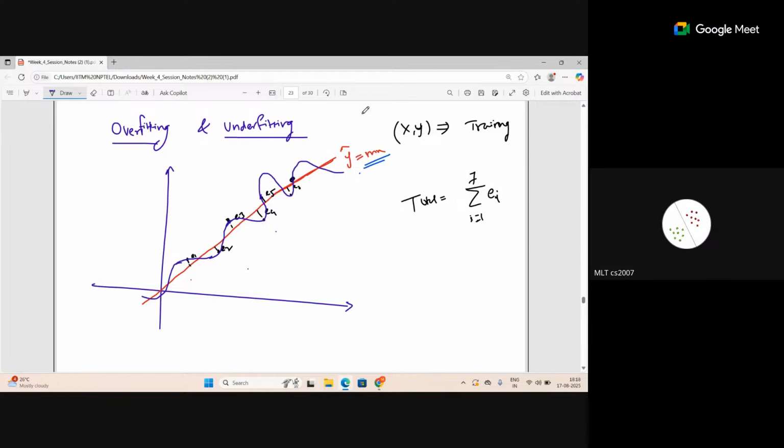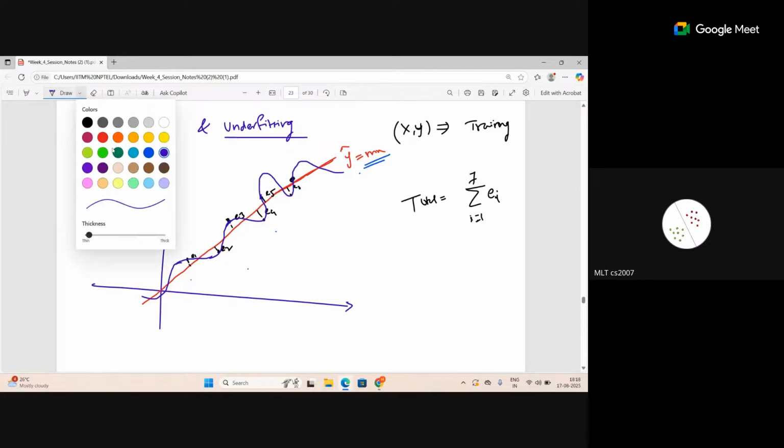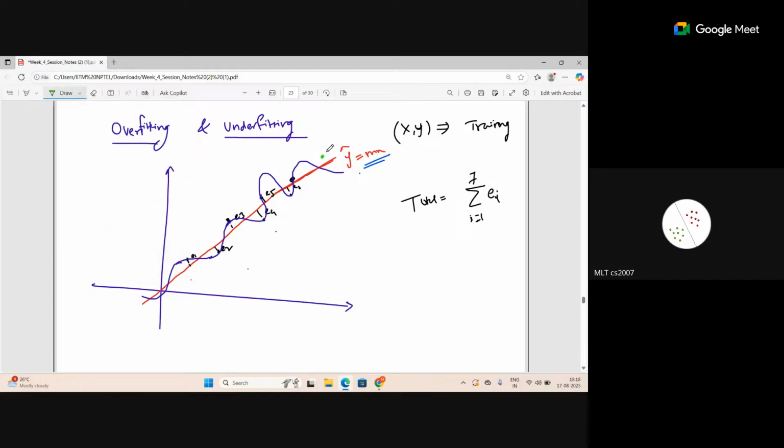So for this kind of data set, which model will you pick for the prediction? Suppose I have a data point which is a test point.